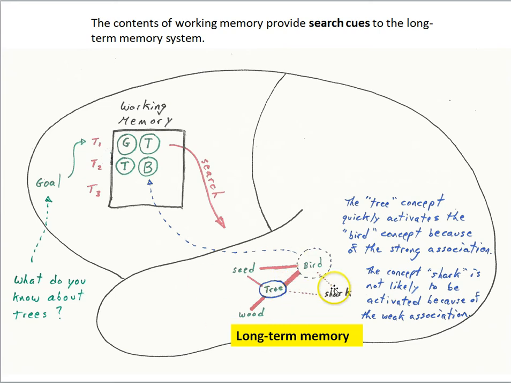So the idea is we've got this long-term memory, this semantic memory set up here, and whatever's in working memory now is going to be interacting with the long-term memory system. Since I'm trying to dig up information about trees, my brain is activating the tree concept, and that activation will also activate related pieces of information in my semantic memory system.